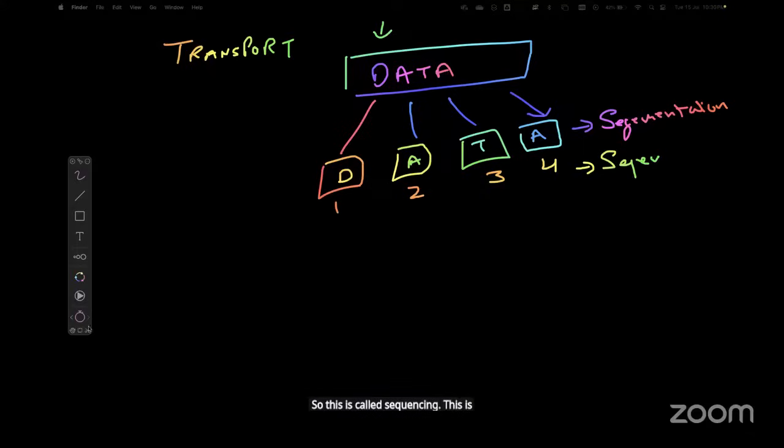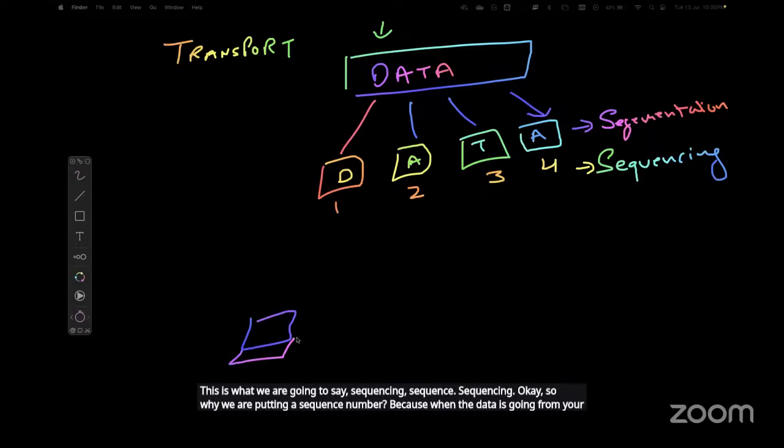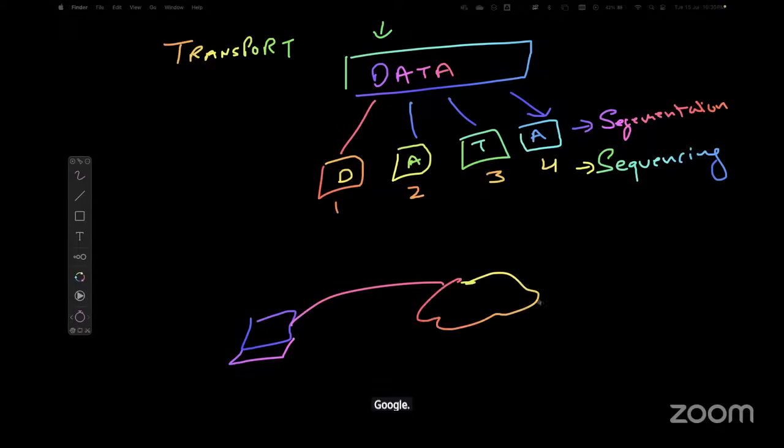This is what we are going to call sequencing. Okay, so why are we putting a sequence number? Because when the data is going from your laptop to google.com, the internet is there, ISPs are there, right?